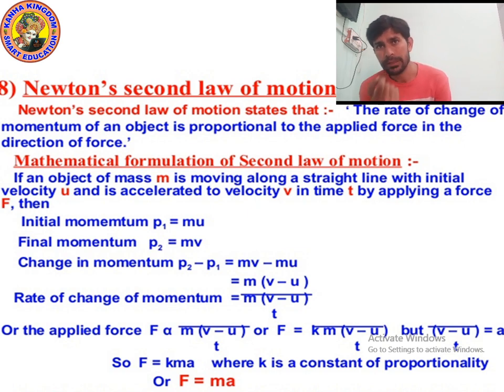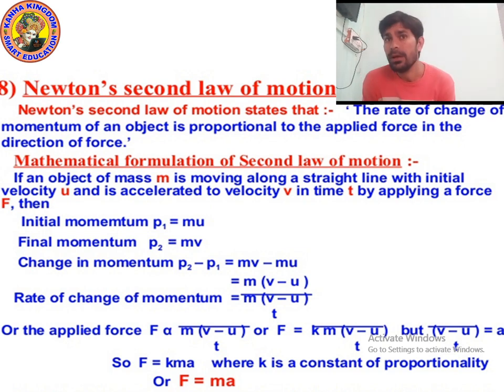Where v minus u upon t is actually the value of acceleration. So in place of (v minus u) divided by t, we will write a, because a is equal to v minus u upon t. It is the formula of acceleration. So the new formula will become F is equal to kma, where k is a constant of proportionality.